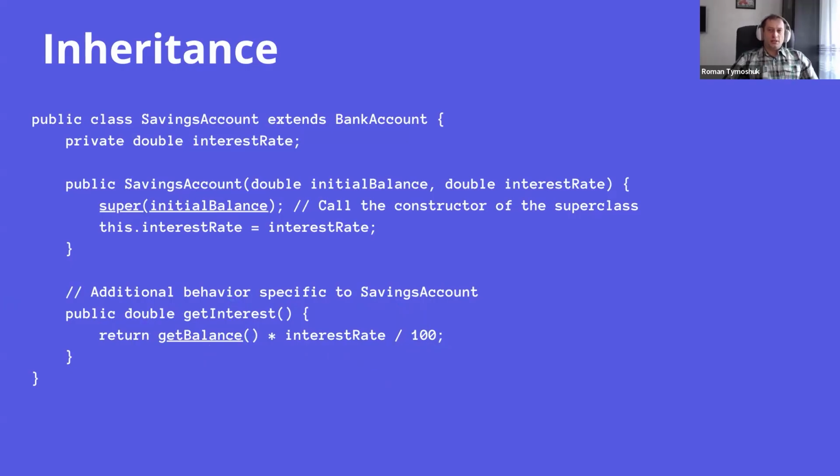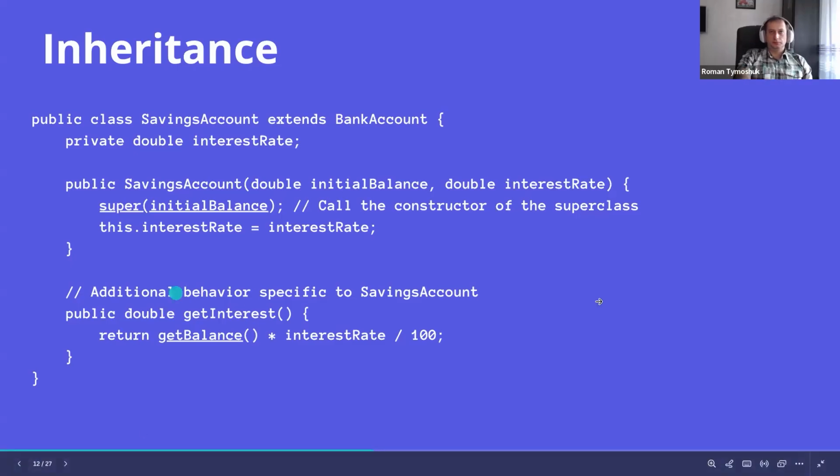So as you can see here, by implementing savings accounts and extending the bank account, you are first focusing on the details which are precisely related to this class. All of the logic of the bank account is inherited, so you are already using it and interacting with it by using the methods. I think it's clear.